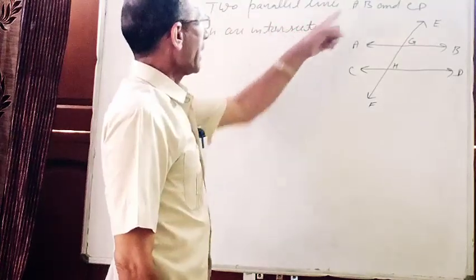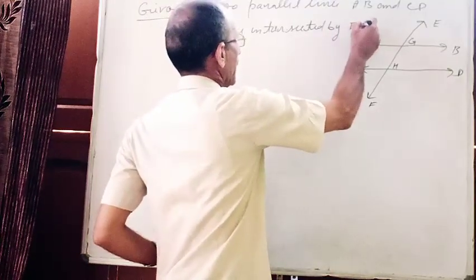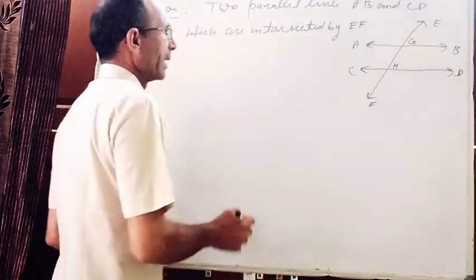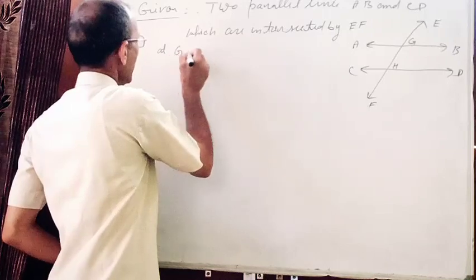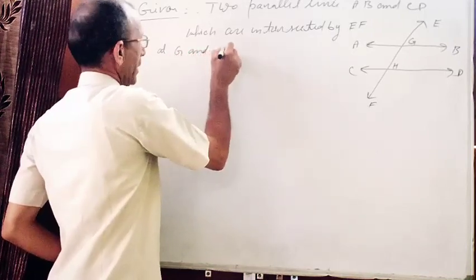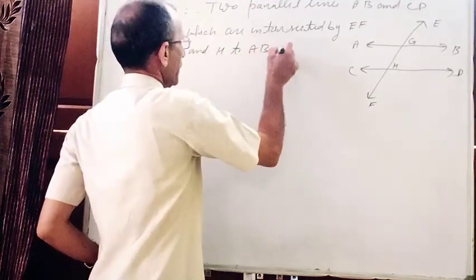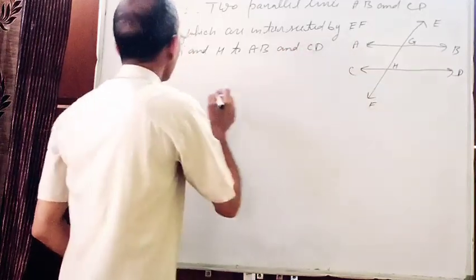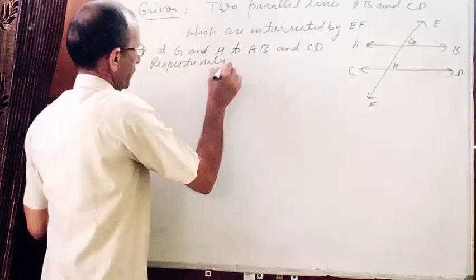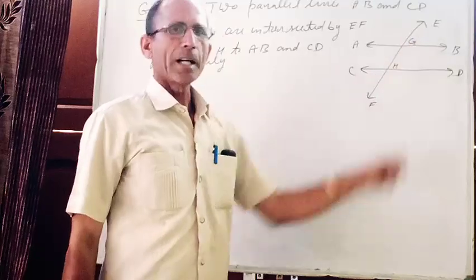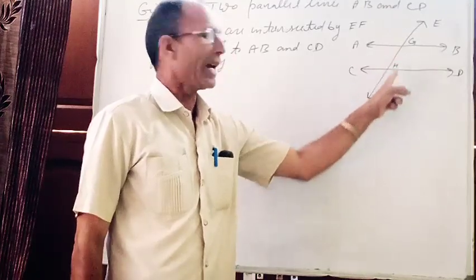Given two parallel lines AB and CD which are intersected by EF at G and H. AB and CD are two parallel lines, and these lines are intersected by this line EF at G and H.